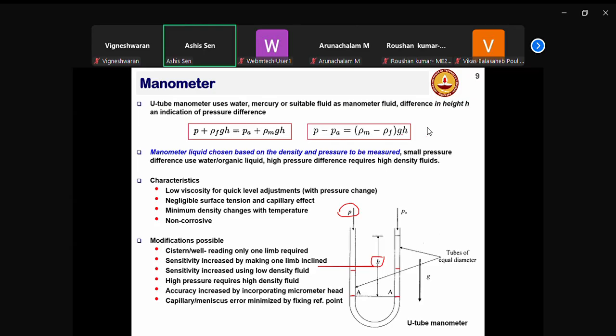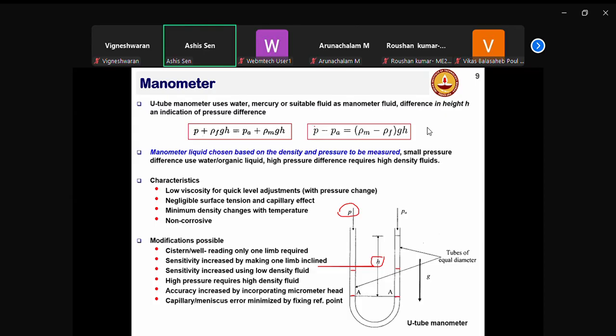That means your H will be very small, right? And if you want to have a significant pressure difference, you need to use a high density fluid here. Okay, the manometric liquid.